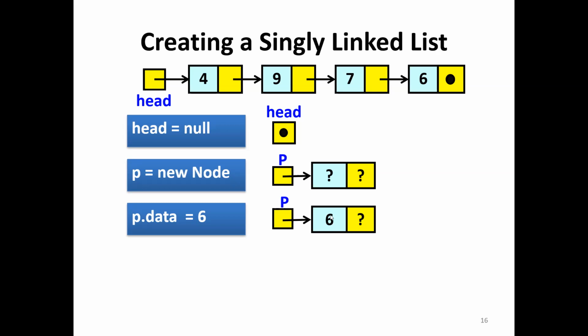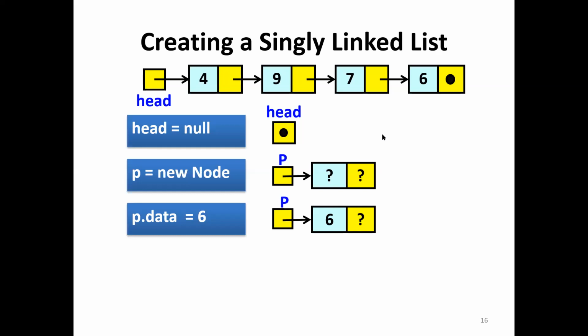And what's the next thing we need to do? The next thing we need to do is to get the link. We can get the link by remembering that before this, there was a head, and the head will tell us the link that we assign to this place. In our case, the link that refers to this particular place is null, because it's the first element in the list.